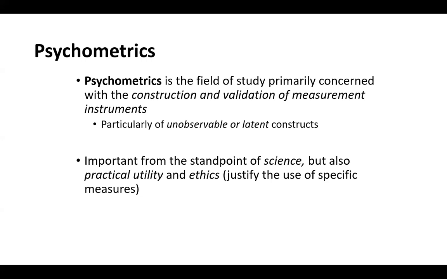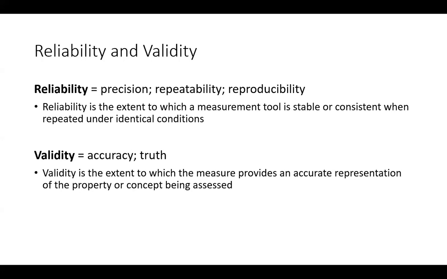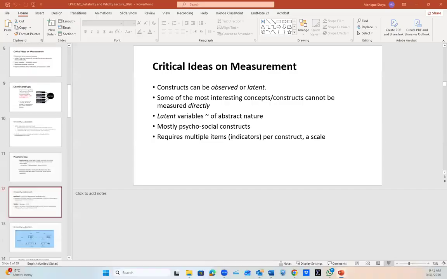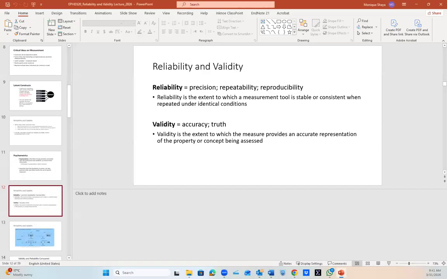So it's also related to ethics and practical utility. So what are validity and reliability? Validity is that it measures what it's intended to measure, and reliability is that it measures it consistently. So if I give it today or in a month, it will most probably give me similar results.